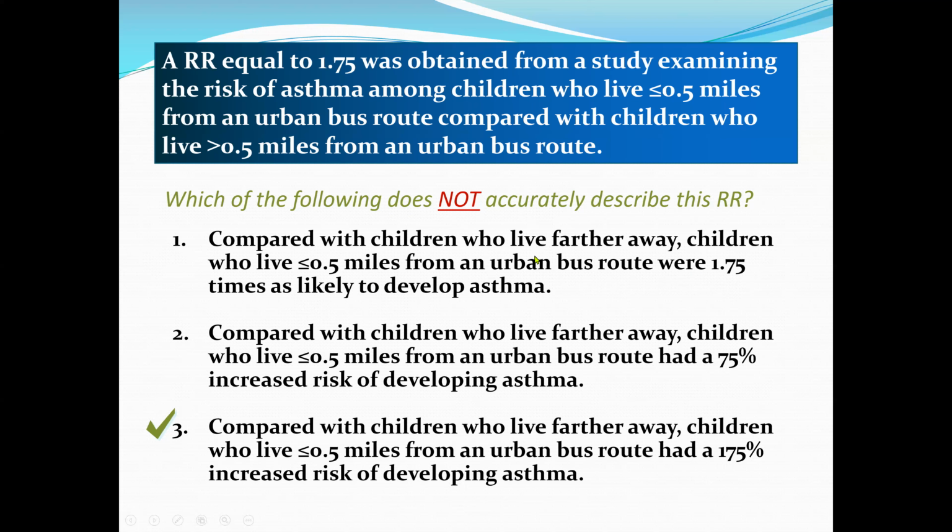And this answer is almost opposite. But when we go to the correct answer, compared with children who live further away, children who live less than or equal to 0.5 miles from an urban bus route have a 175% increased risk of developing asthma because it's 1.75. So that would be our answer.